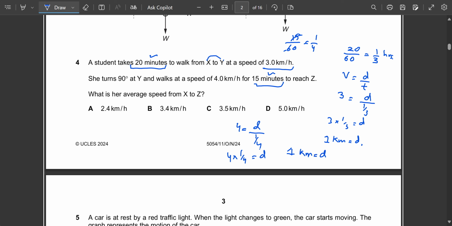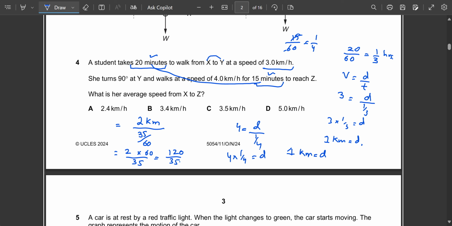Now the total distance is 2 kilometers and the total time is 35 minutes. So the distance is 2 kilometers divided by 35 minutes. We have to convert that into hours as well, so we'll divide by 60 here. You can do it with your calculator. I'm going to do it manually. So this is 120 divided by 35.